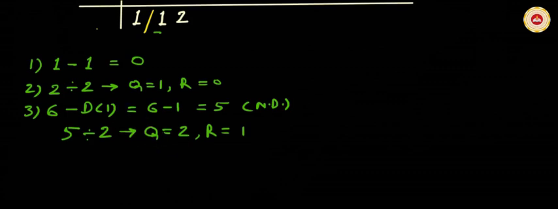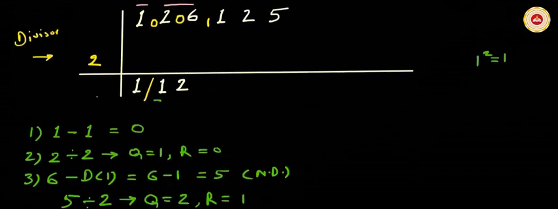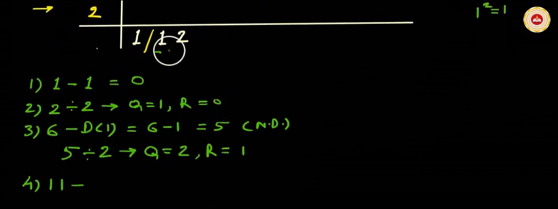So step number 4. Step number 4 is gross dividend 11 minus, see friends, we are going to calculate the net dividend. So 11 minus duplex of what?